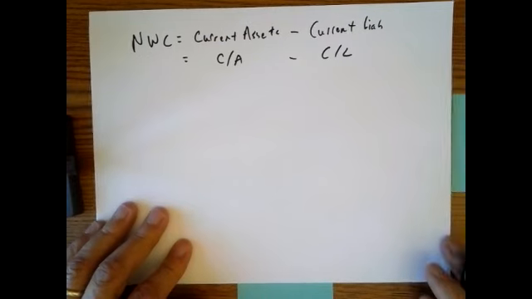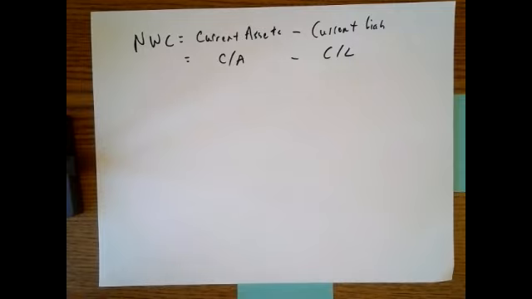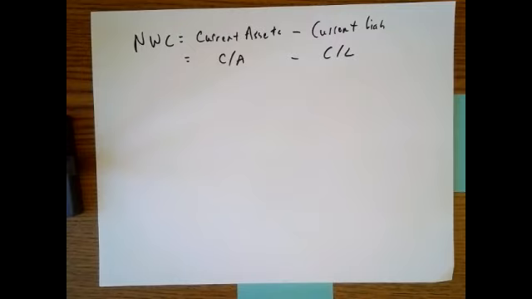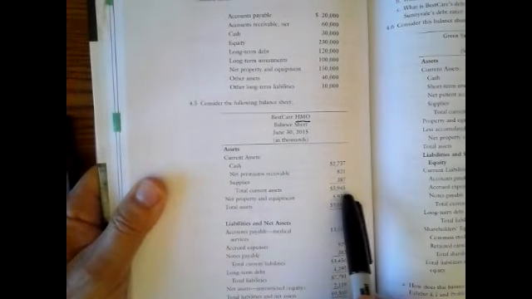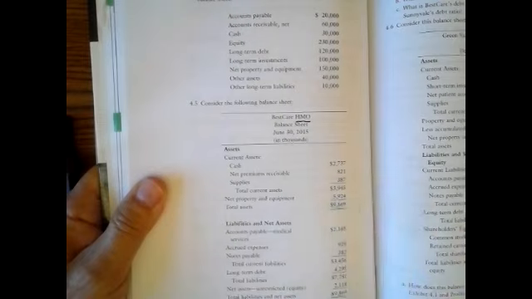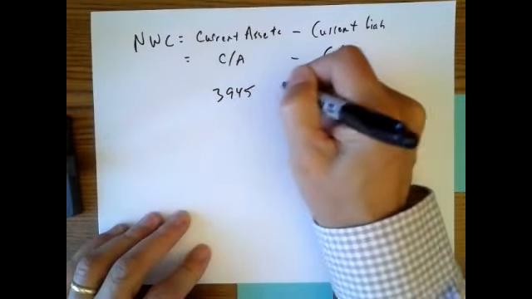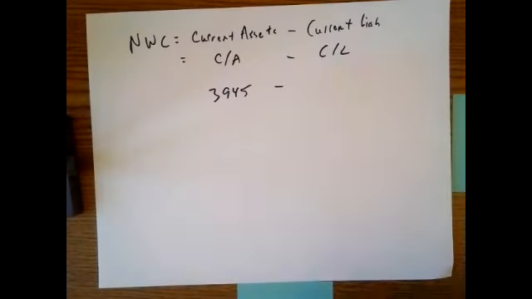To calculate net working capital, we need to know the current assets and the current liabilities. The balance sheet shows current assets are 3,945, and total current liabilities are 3,456.